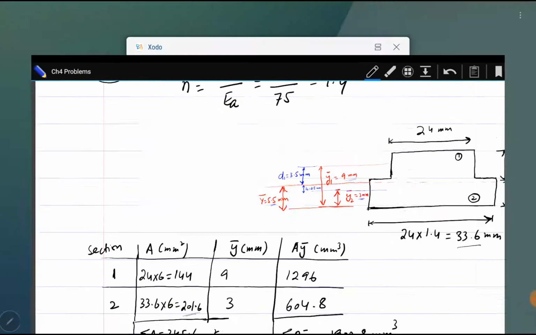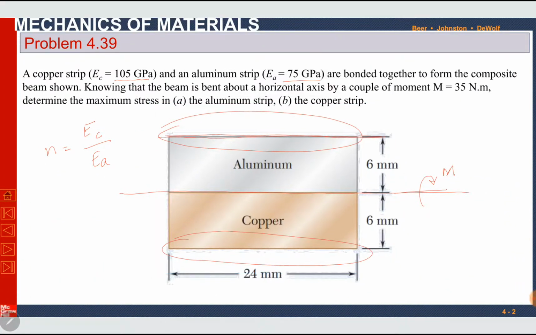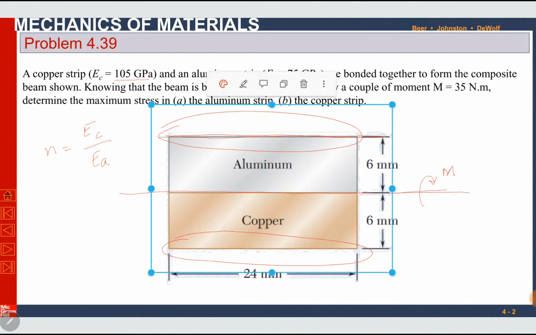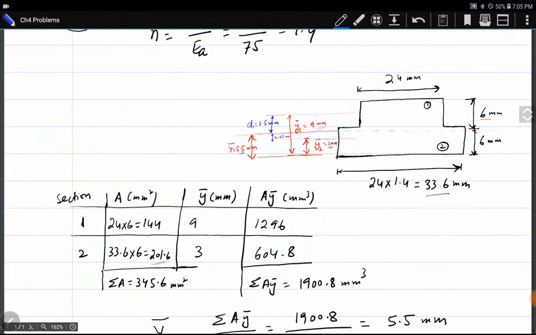The top area is aluminum, the bottom one is copper. So we have already established the neutral axis is somewhere here, 5.5 mm from the bottom.